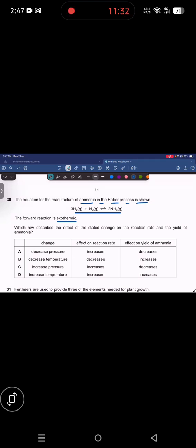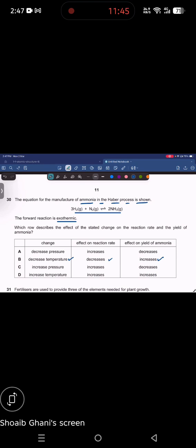Decreasing the temperature decreases the reaction rate, and the yield of ammonia increases. So the answer B is the correct answer.